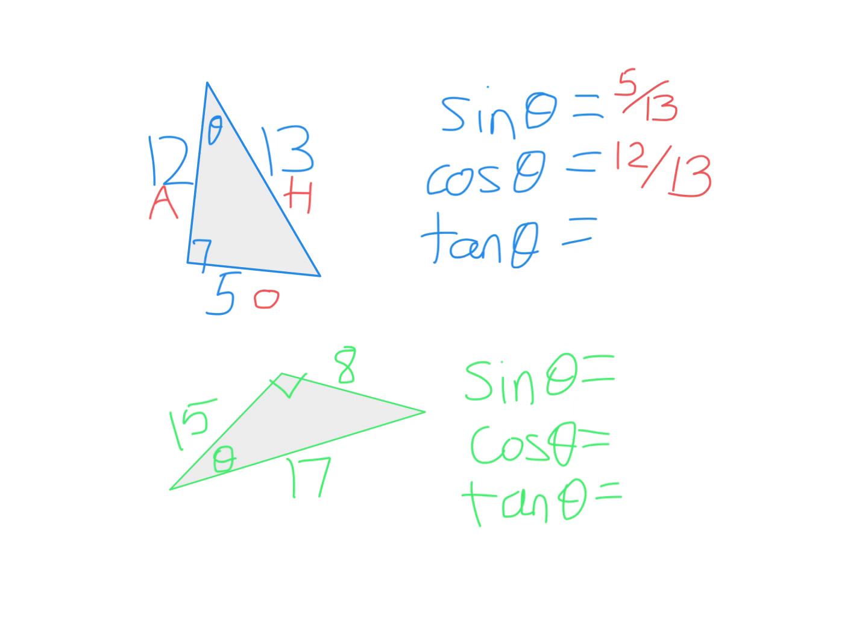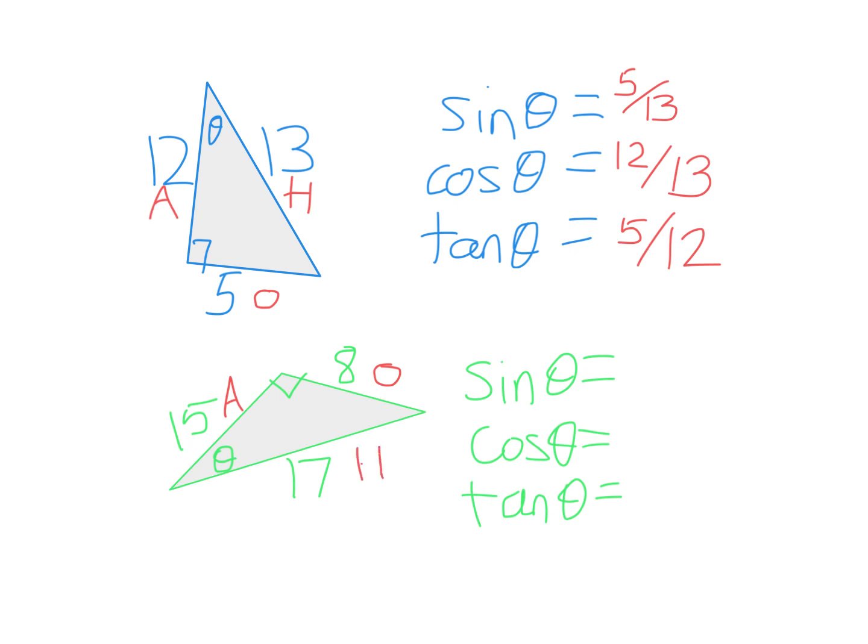And as you also remember from the previous slide, the tan ratio, TOA: tan is opposite over adjacent, so the side opposite theta over the side adjacent to theta. In this triangle here, we have theta over here. So 8 is the side facing it, or opposite. 15 is the side adjacent to theta.